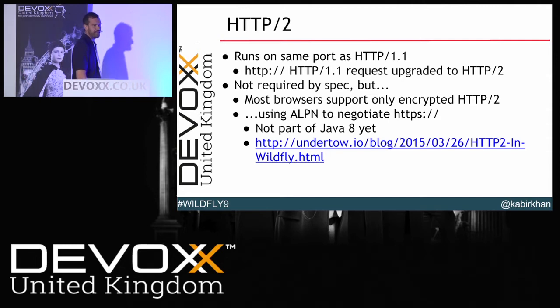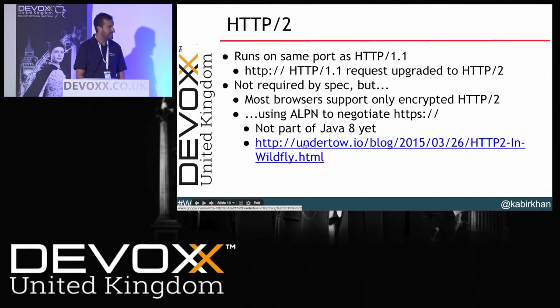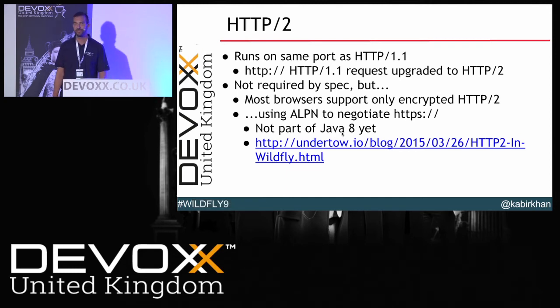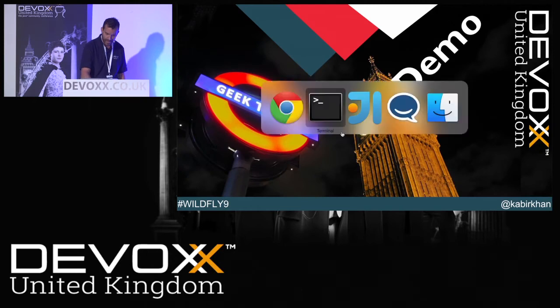But it's coming up in Java 9. And once it's in Java 9, it will probably be backported to whatever update of Java 8 is the current one. So this blog here shows how to set up ALPN anyway using a third-party implementation. And I'll show you in the next demo as well how to do this.